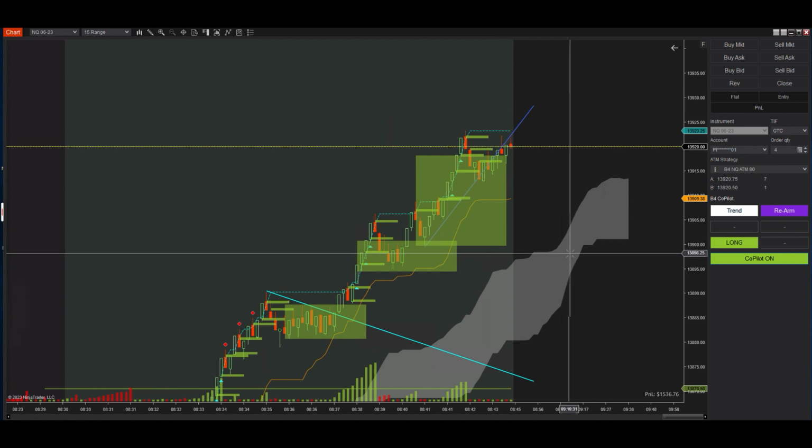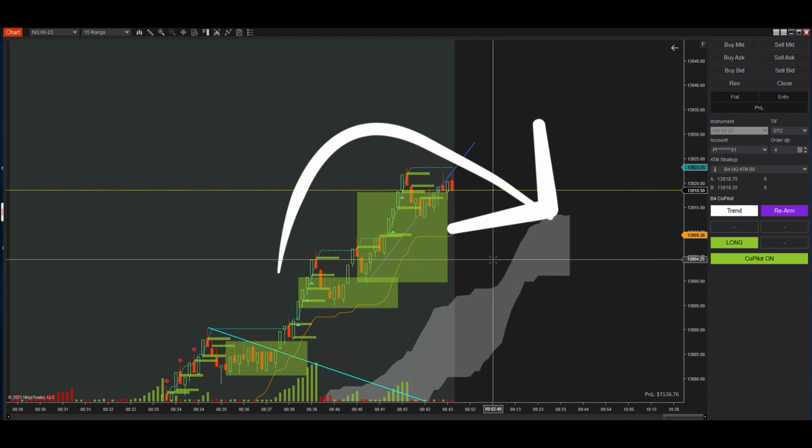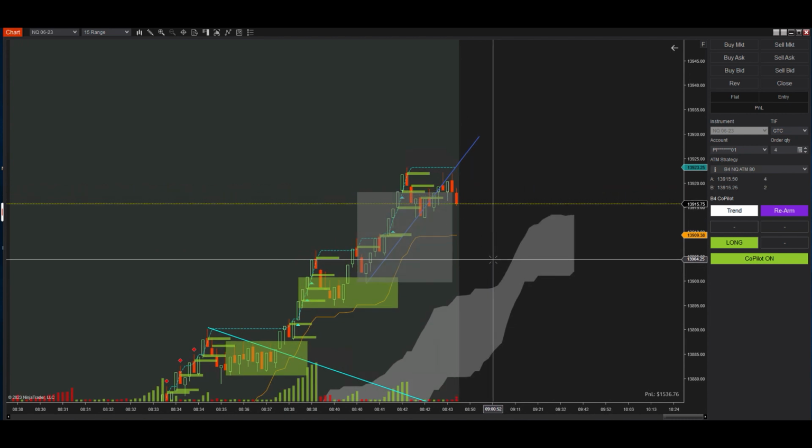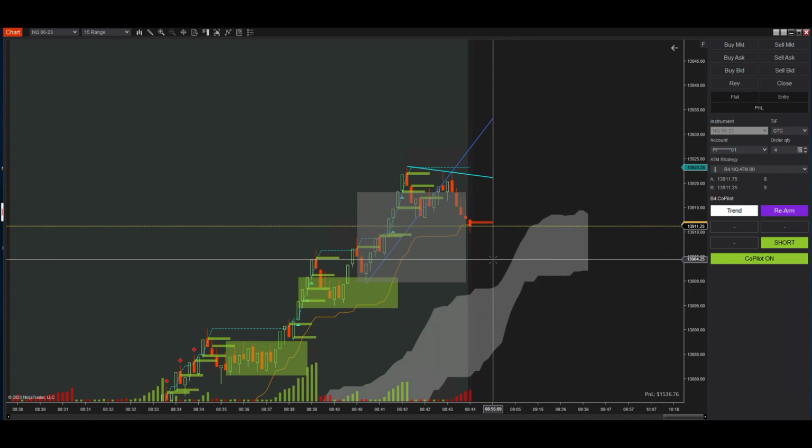Right now, Senkou span A looking a little weak. Let's see if we're going to find support at the cloud.